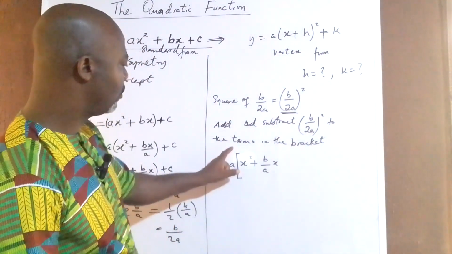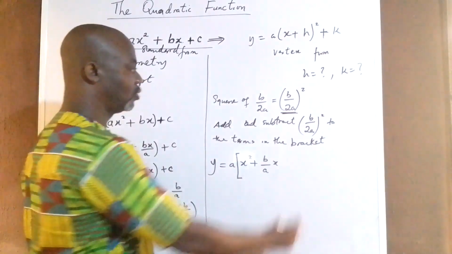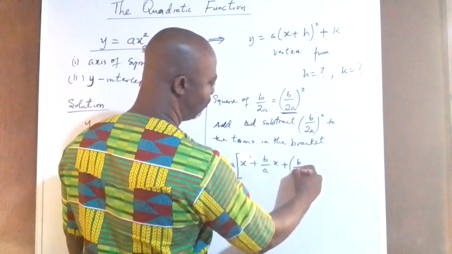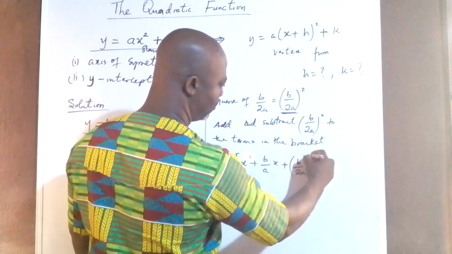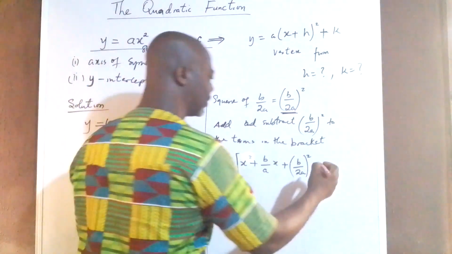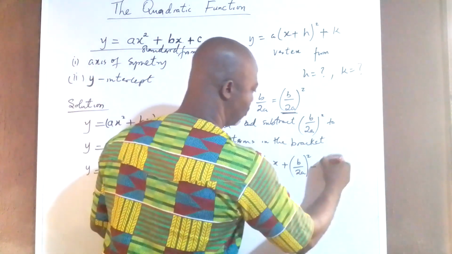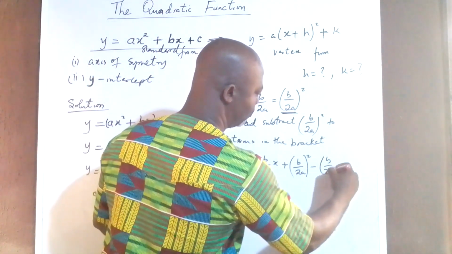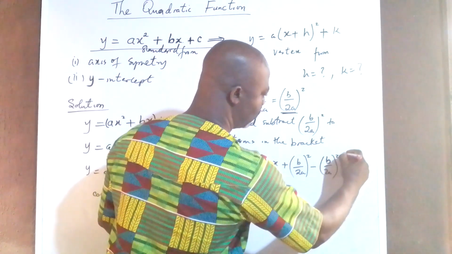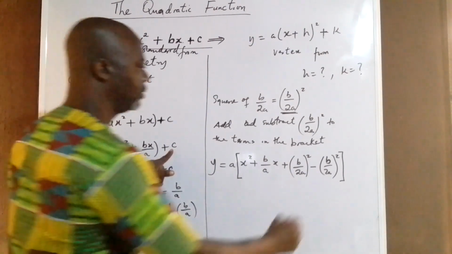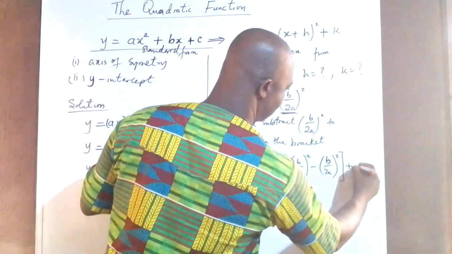Now let us add b over 2a squared, and then also subtract it. Of course, once you add and subtract, it is 0. So you have b over 2a squared. You close the bracket, and then of course we have your c.